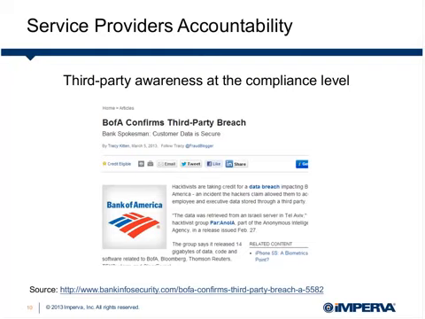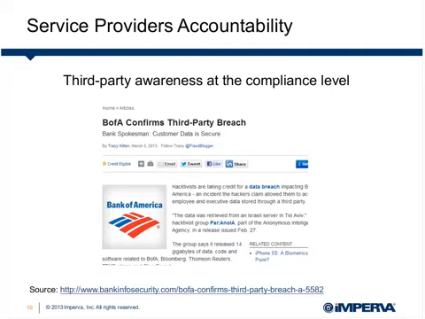And regarding third-party, I didn't want to cover third-party breaches that much because it's been a theme for us over the past year. But one of the interesting ones was BOFA, Bank of America, that was breached via a third-party provider that got hacked over the last year.